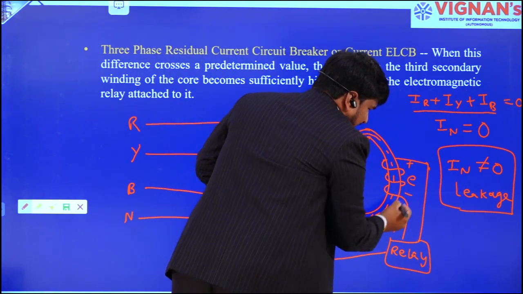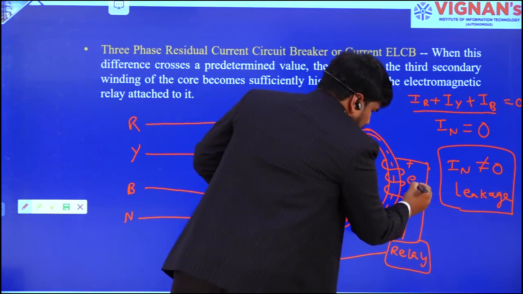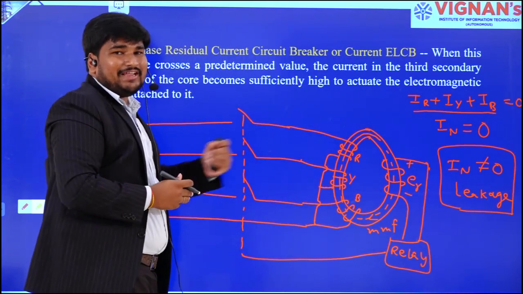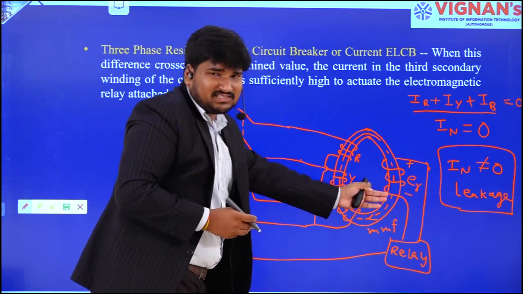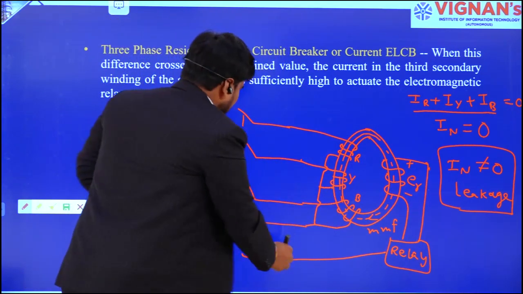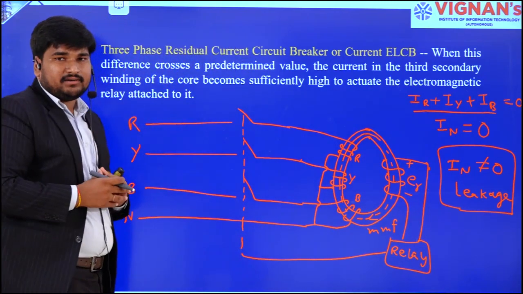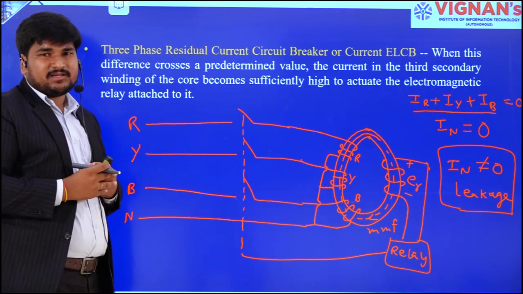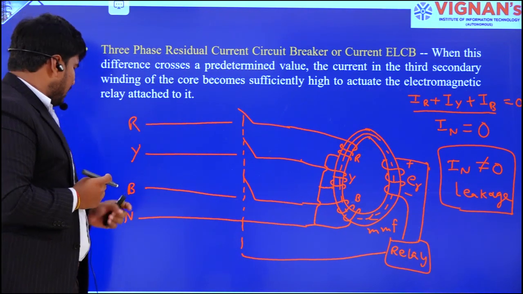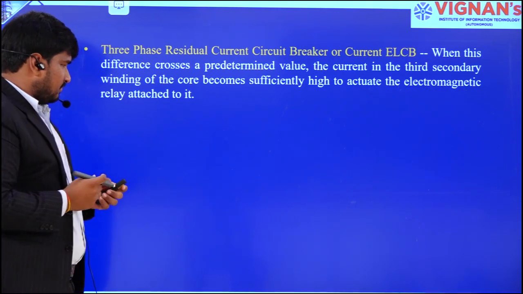That means, let me indicate it like small e. So small e resultant during abnormality conditions, because of this resultant EMF, the switch will be open circuited. So this is the operation of the three phase residual current circuit breaker.